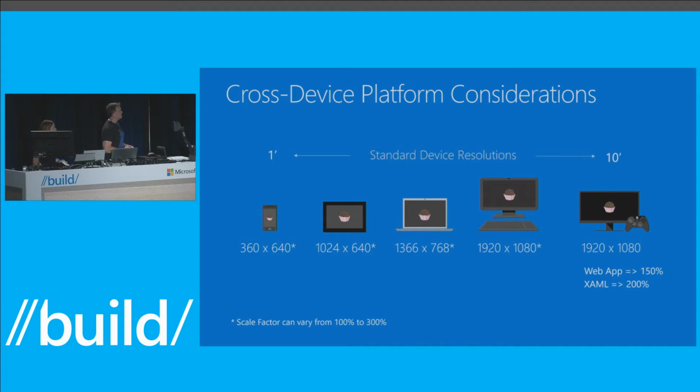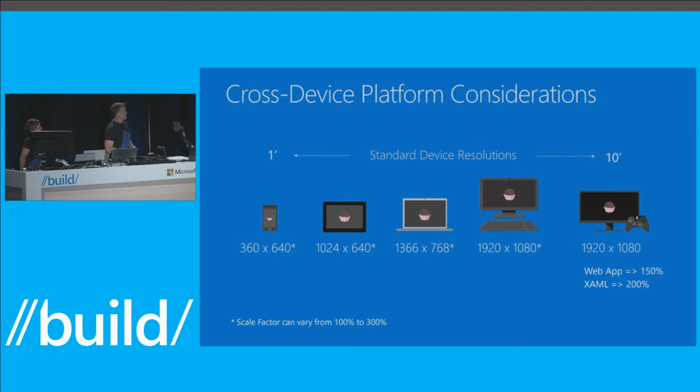We sort of say, if I'm targeting a laptop, I'm going to have a breakpoint at a width of 1366. The desktop and the Xbox is a 1920 width device. Now phone, tablet, we look at the width of 480 for phone or 360. Usually the 5-inch of the 480 or the 1024 for tablet. And so we use those in our adaptive triggers when we're building the application, and I'll show you that in a second.